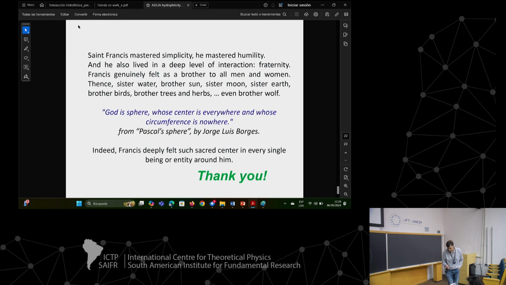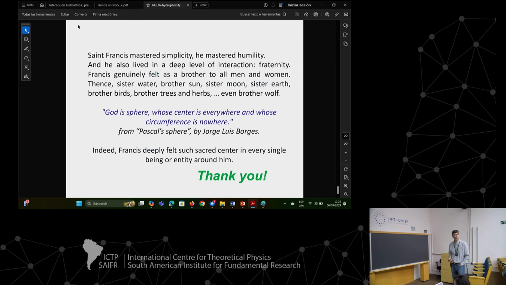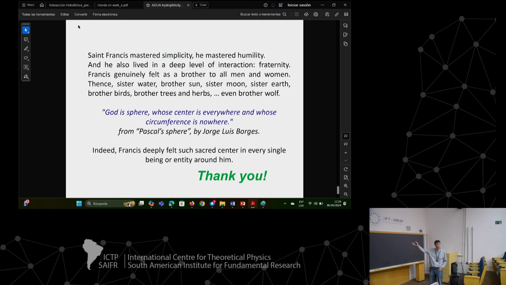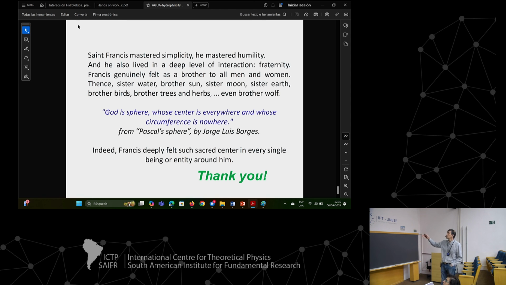Okay, St. Francis mastered simplicity. He was very humble. And he also lived at a very deep level of interaction. He also mastered fraternity. Francis was a brother to everyone, to every man, to every woman, and also sister water, sister moon, brother sun, earth, birds, trees, even brother wolf.